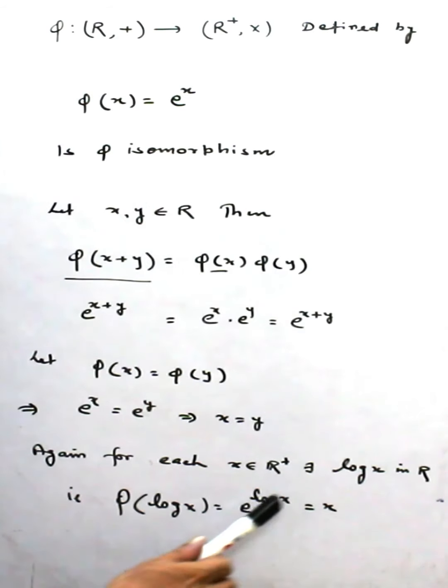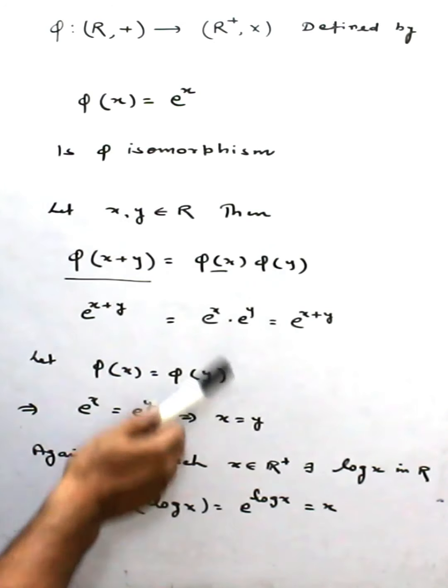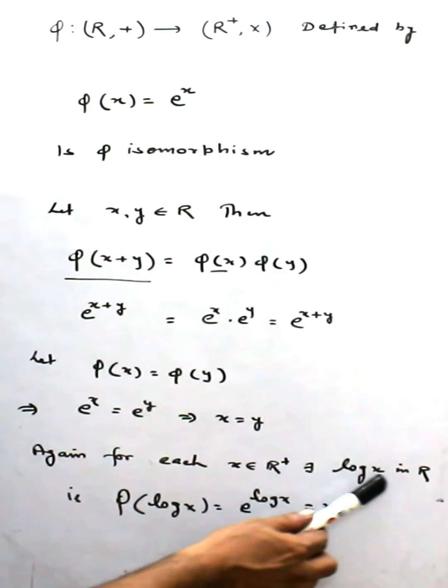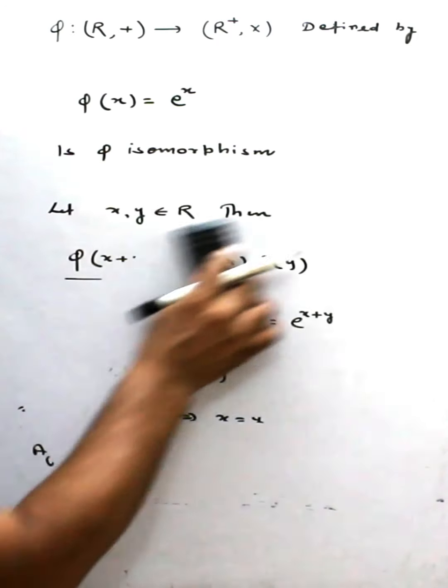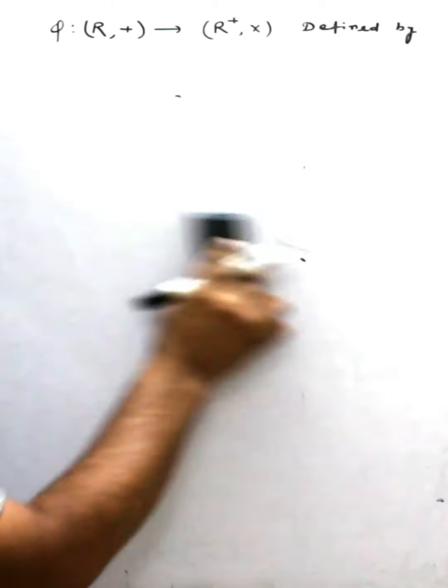That means each positive x has a pre-image in the real numbers. Log is defined for obviously the positive numbers, right? So this is how we can say phi is an isomorphism. Any example where we want to show that phi is not an isomorphism?